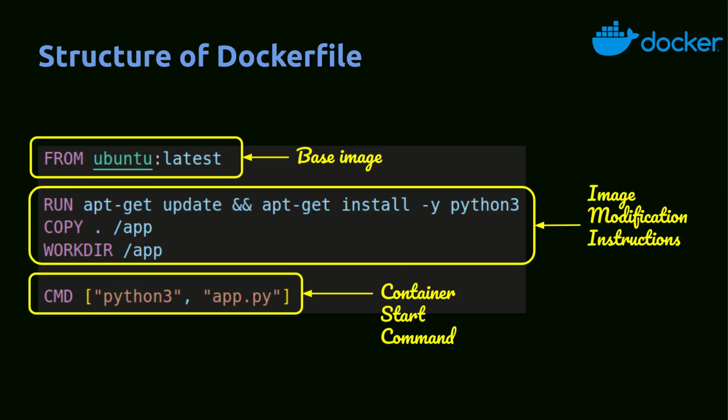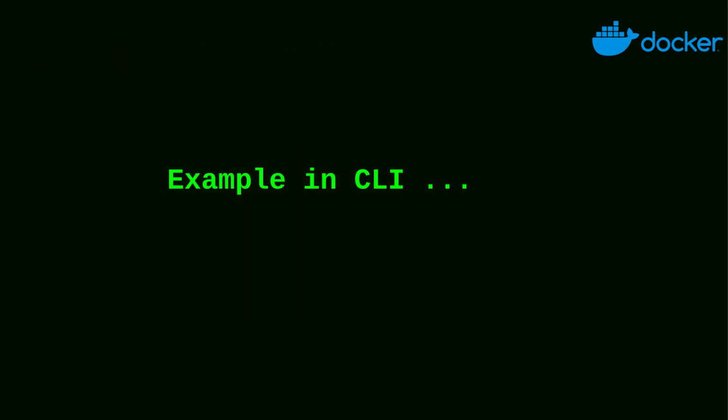So the structure of a Dockerfile has three sections: the base image section, the container start command at the end, and in between there could be other commands, environment setup, etc. So let us go to the CLI and create some custom images.